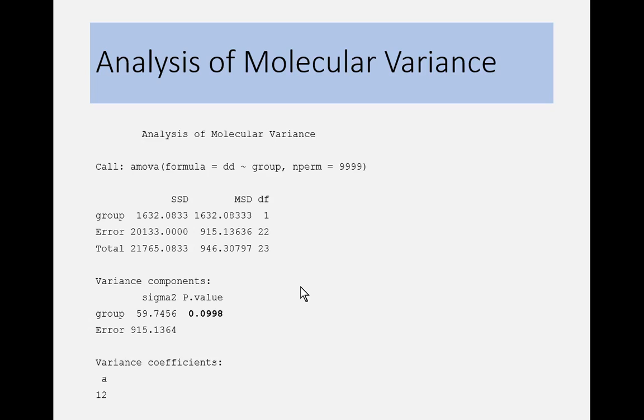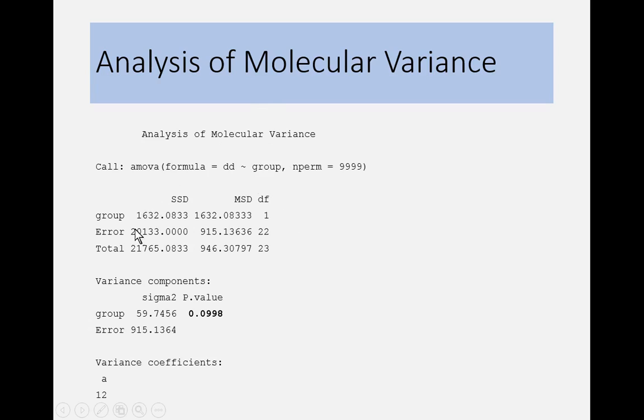Now, here's how it looks in the output. This is taken directly from R. This is what you're testing. DD here is just your environmental species matrix, and then you have the grouping of the samples here.